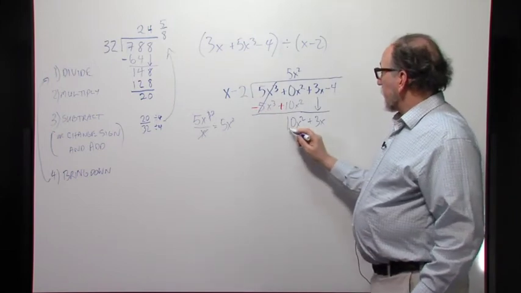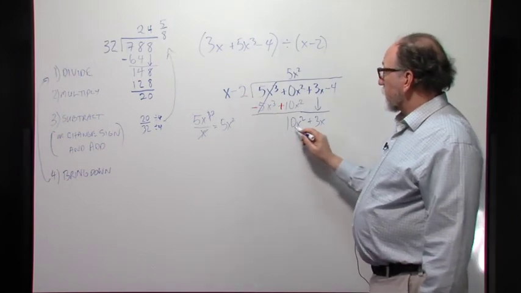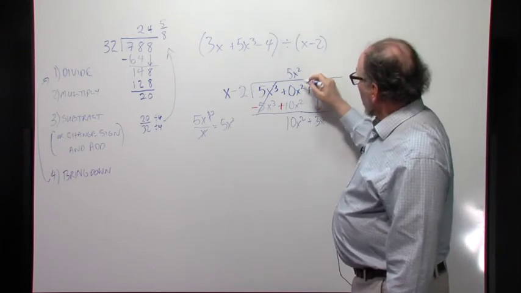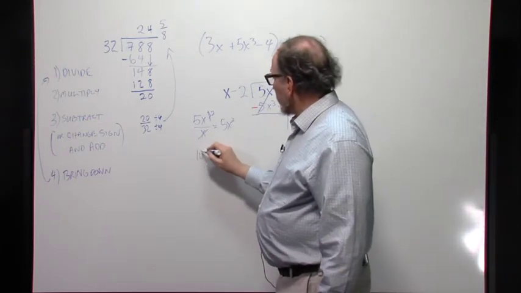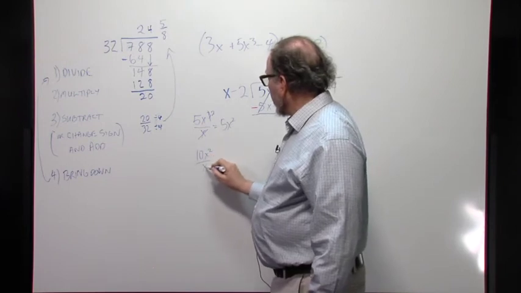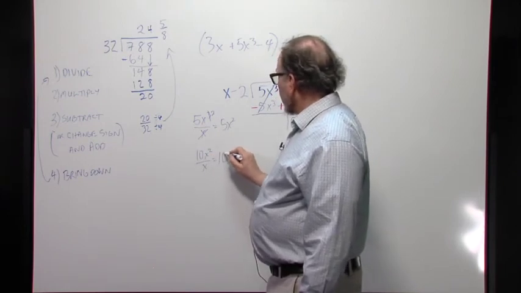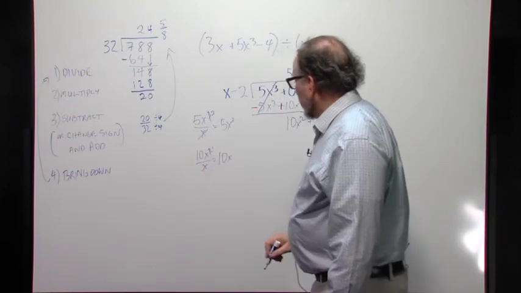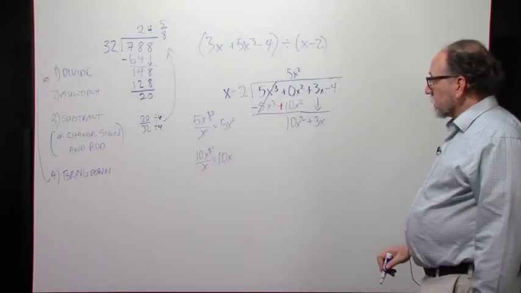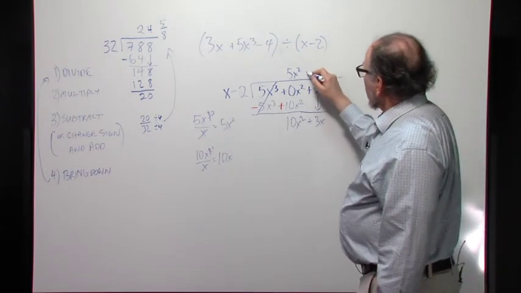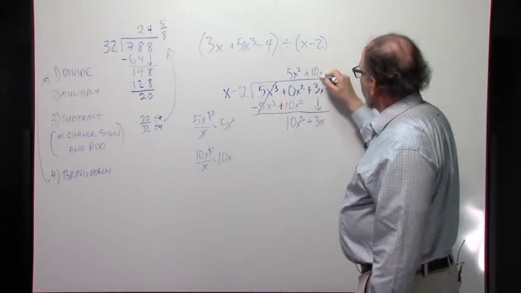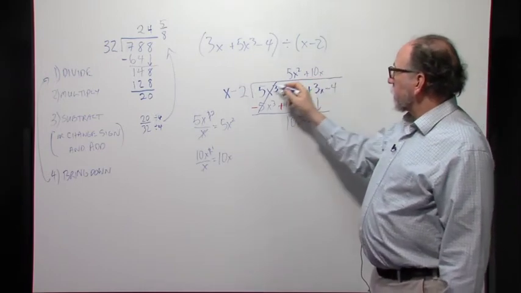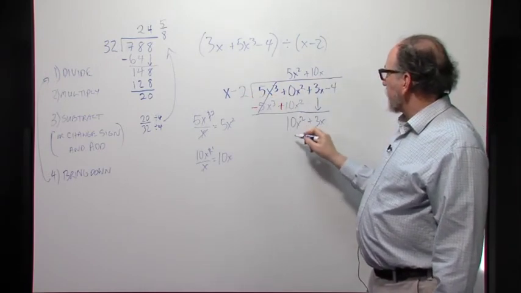Divide x into 10x squared. We just have to think about those first terms, remember? And let's do that off to the side again too. 10x squared divided by x is 10x, because the x squared is reduced by x to x to the first power. So that's what goes up here. That's the division part. 10x. We multiply now, distributing that 10x across x minus 2.